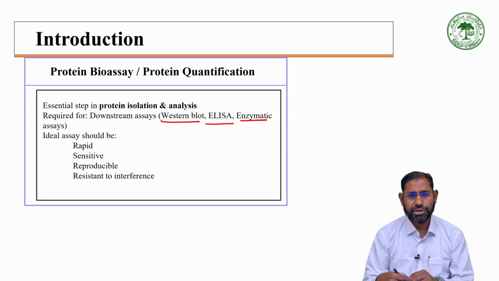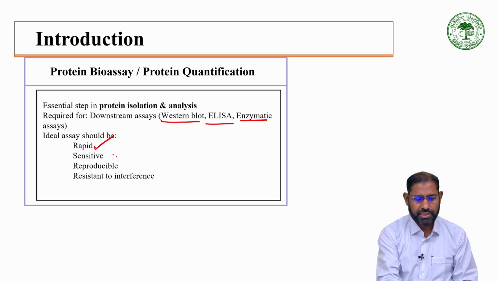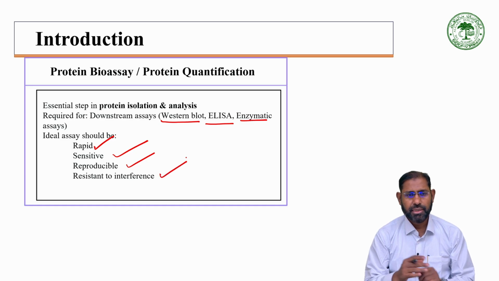Ideally, it should be rapid, and also it should be sensitive, reproducible, and resistant to interferences. So these are the ideal assay characteristics we need to take care of when we quantify the protein.